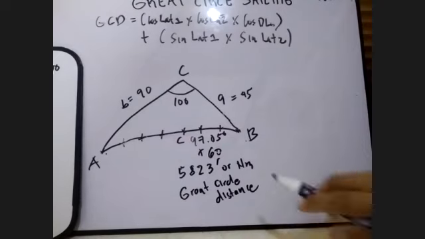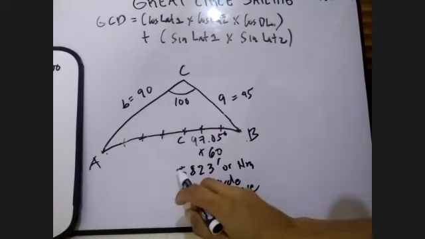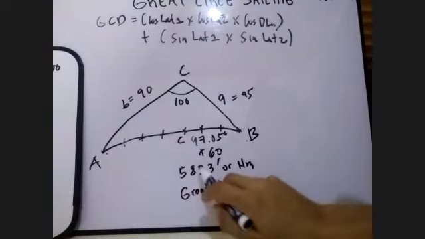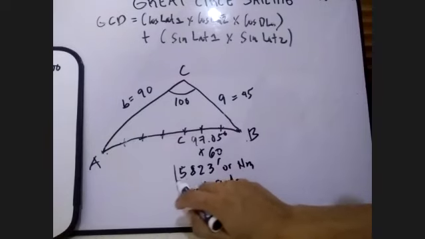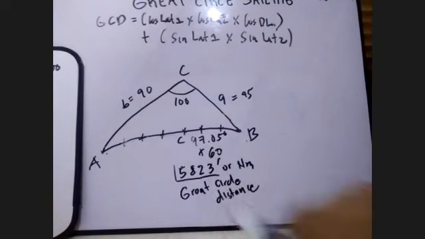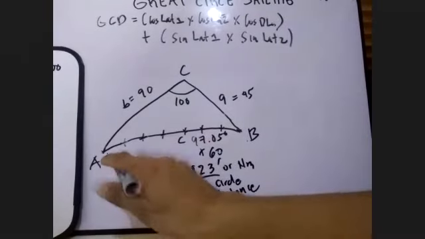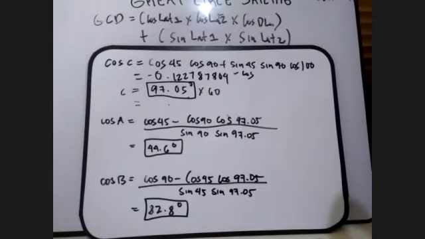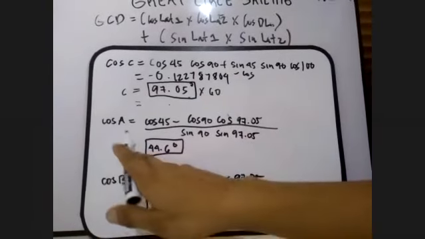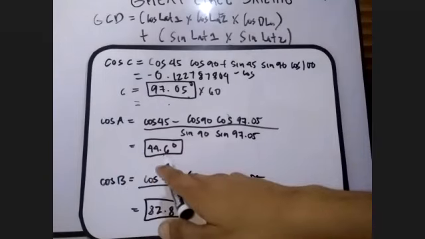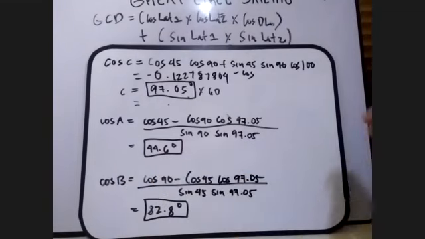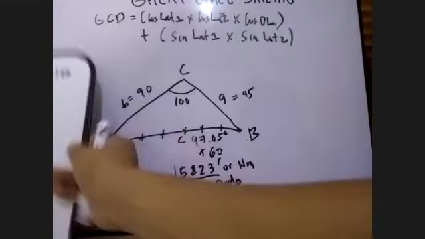Okay, so now we already determined how to solve for great circle distance. Now, how about the initial course? Initial course, we represent it by A. My answer is 44.6 degree.